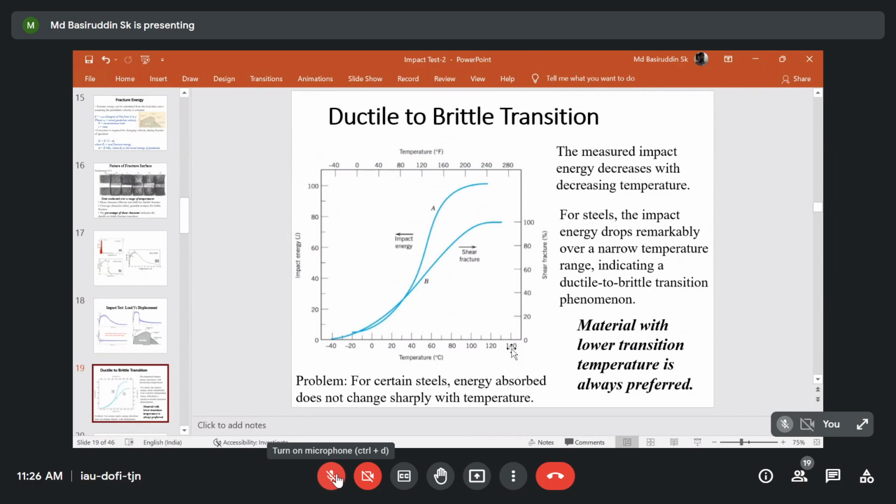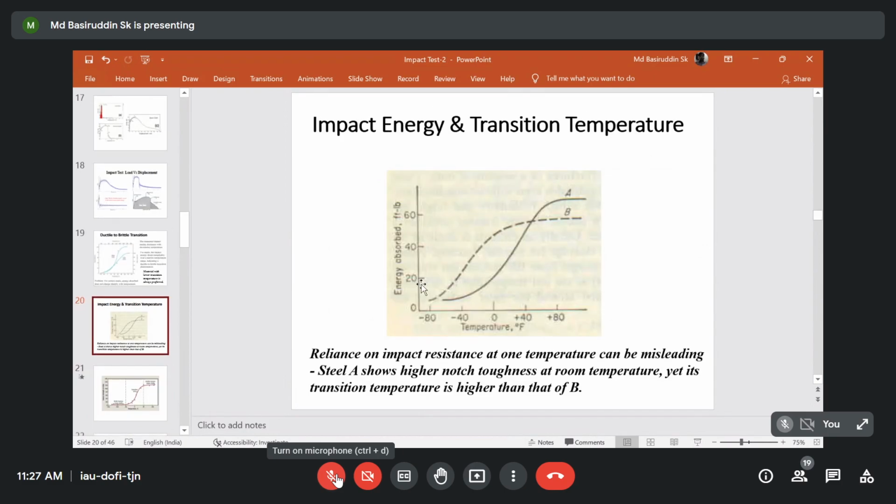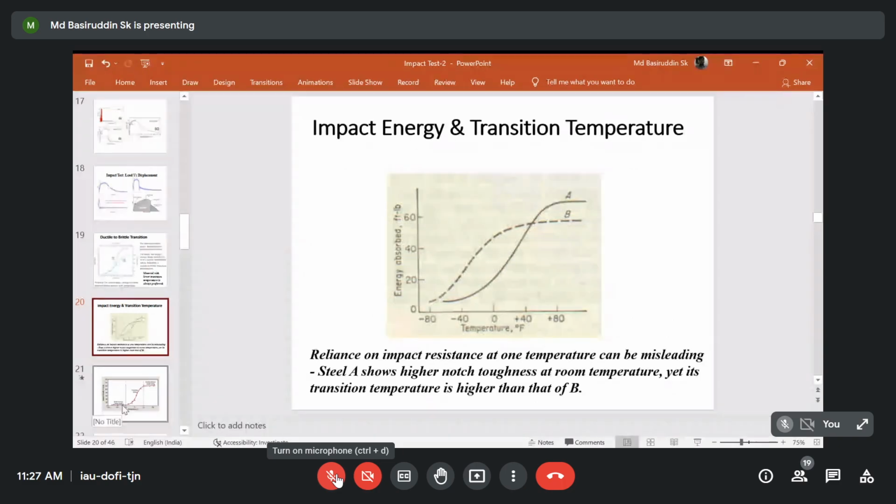Now if you are able to measure the impact energy by reading the dial, and if you plot the data, then you will find that the impact energy absorption capacity will vary with temperature following this particular curve. Though this curve is a continuous curve, generally we get the data in this particular fashion.